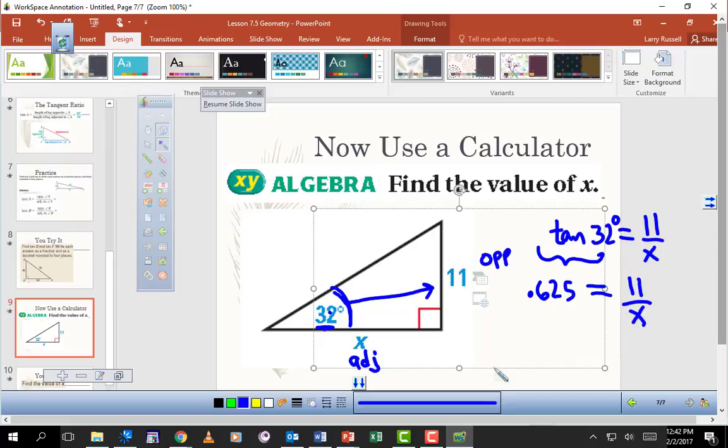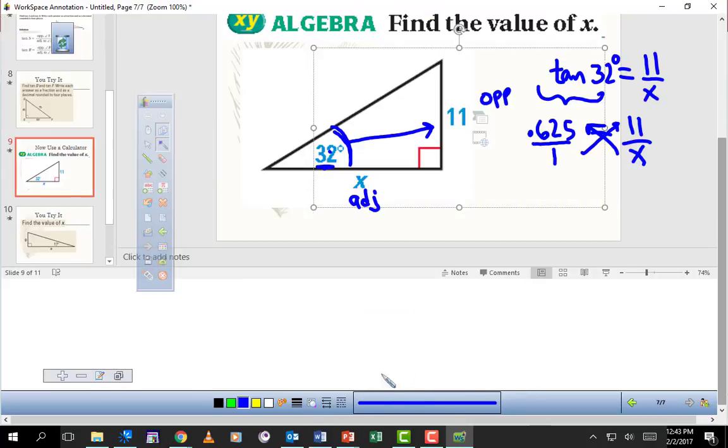Now do you know how to solve for x in this case? If you're good at algebra, you can solve this, right? But here's what I recommend. Write this over 1. Now do you know what to do? Cross multiply, right? So now you cross multiply this way, cross multiply this way. If you take x and multiply by that, you get 0.625x. And then 1 times 11 is 11.